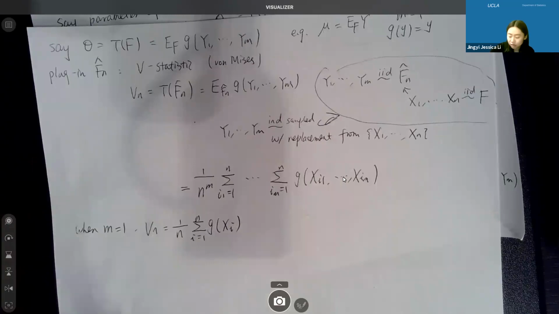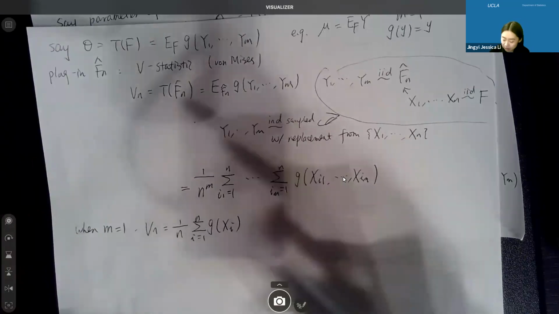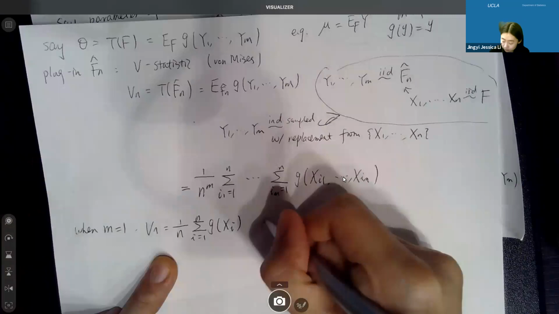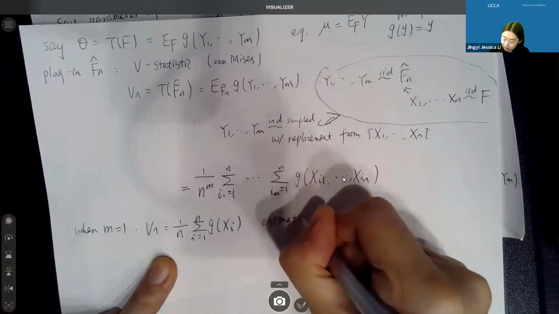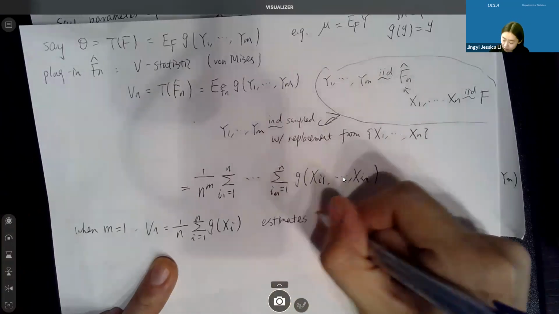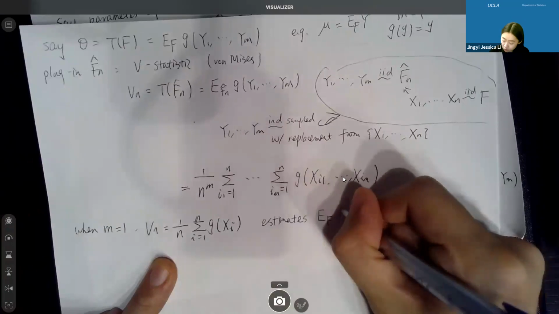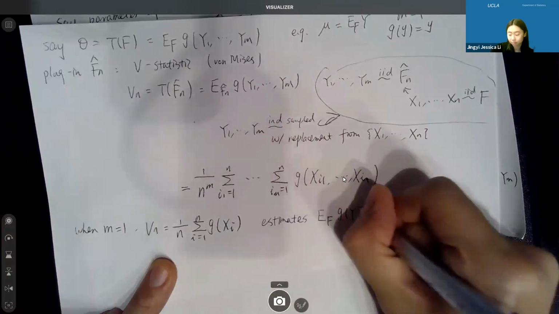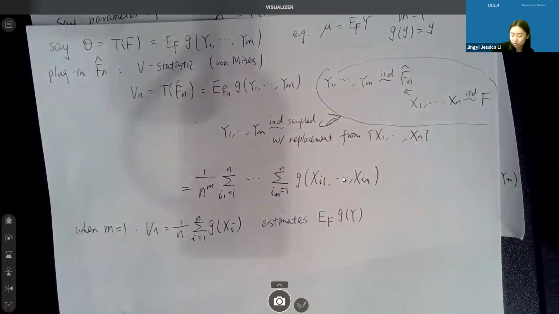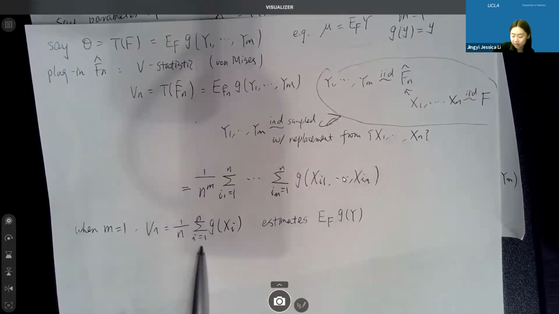I'm basically using my sample, x1 to xn, to estimate the expectation under F of g(Y). That's it. I'm using my sample mean as the sample estimate of the population expectation.